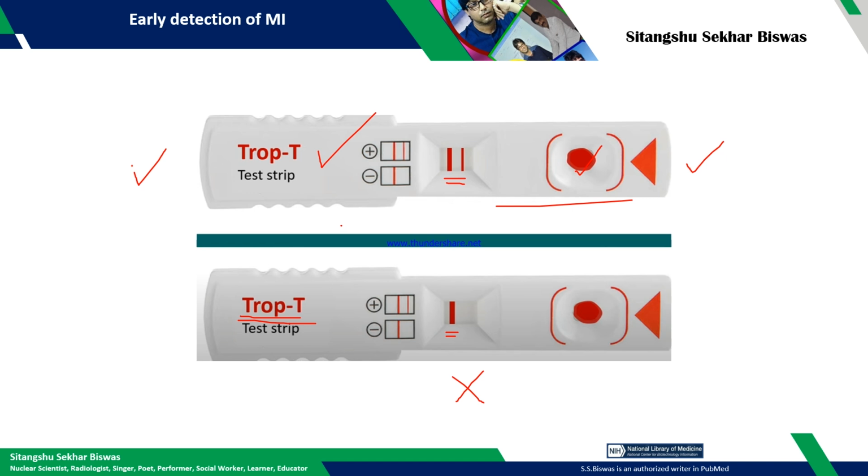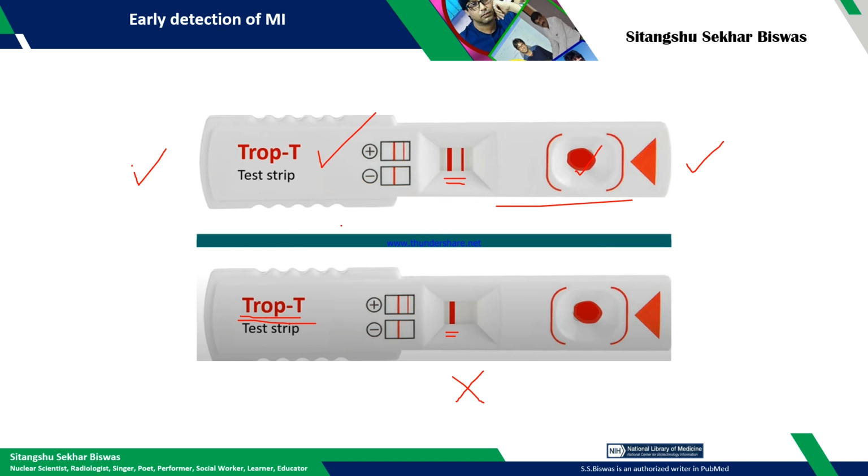When a person is experiencing chest pain, first take the ECG signature and check whether the ST segment is elevated or not. If it is elevated, that is one prominent indication of myocardial infarction, and the second thing is you have to do the TROP-T test.